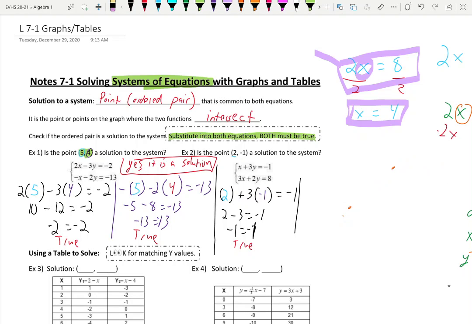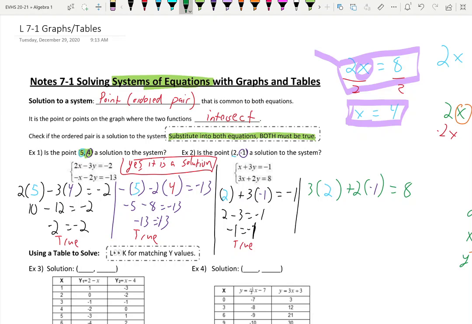Okay, let me erase this because it's in the way. Now let's go ahead and plug in on the second equation. 3x plus 2y equals 8. Now we're going to plug in a 2 for x and then a -1 for y.